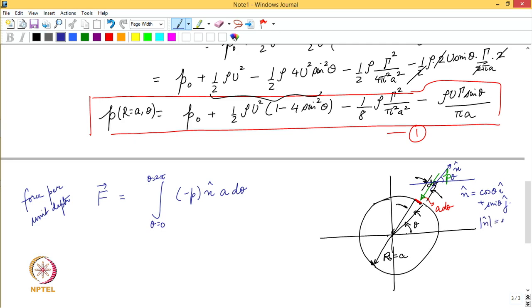So, it has a modulus of 1. So, we could write this as theta going from 0 to 2 pi minus P A, n cap is cosine theta i cap plus sine theta j cap d theta. This is the force per unit length acting on the cylinder.